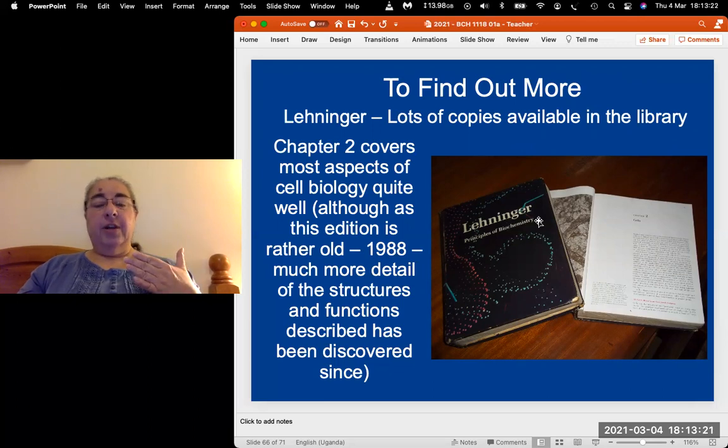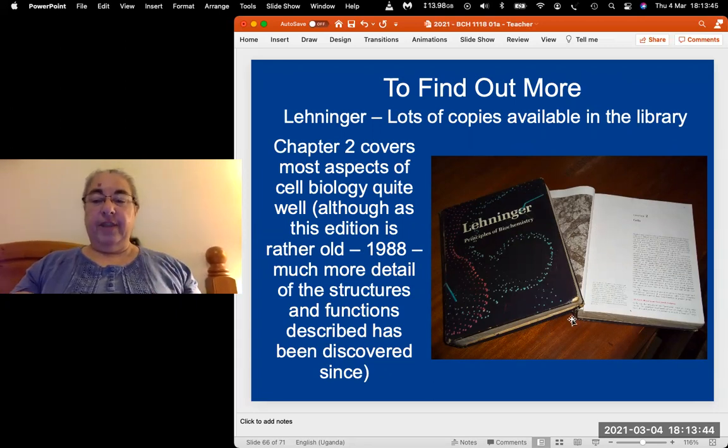But many of the things you're learning about, we knew about perfectly well in 1988. For instance, chapter 2 in Lehninger covers cell biology quite well. We might know more details of the structures now, but for basic information, if you want to read a physical copy of a book, there are lots of copies of Lehninger in the university library.